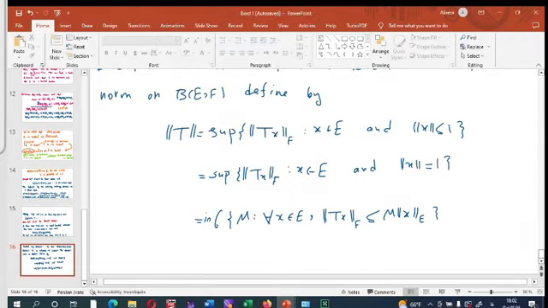But if you consider which of these equalities, and also we can write this as this supremum again. Okay, all of these are equal.